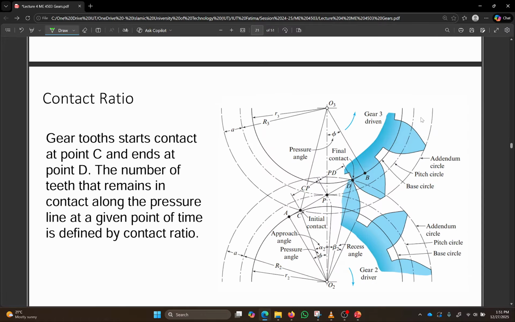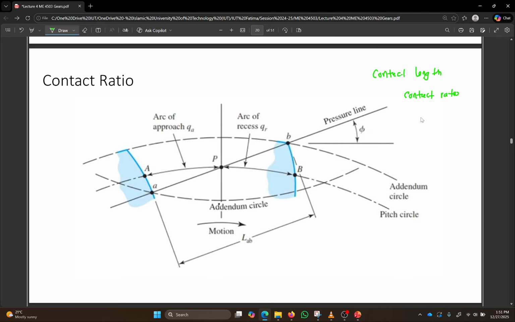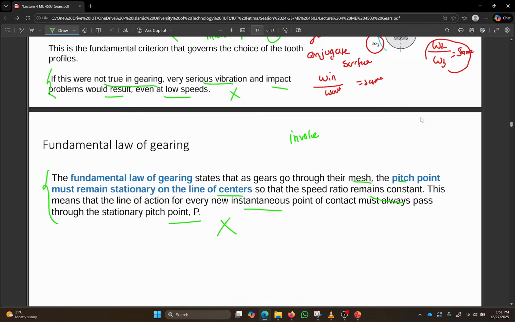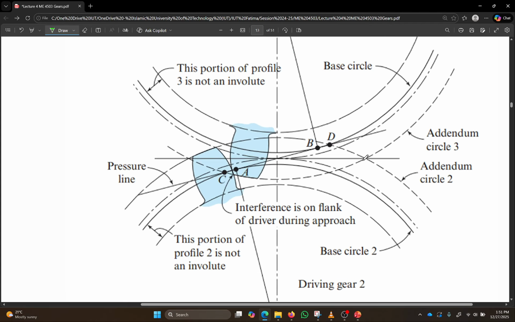Whenever your two gears are meshing, I will go back to this slide where the gears are meshing. Whenever we have two gears meshing together, if you notice, this was the addendum circle of the output gear, and this was the addendum circle of the input gear.